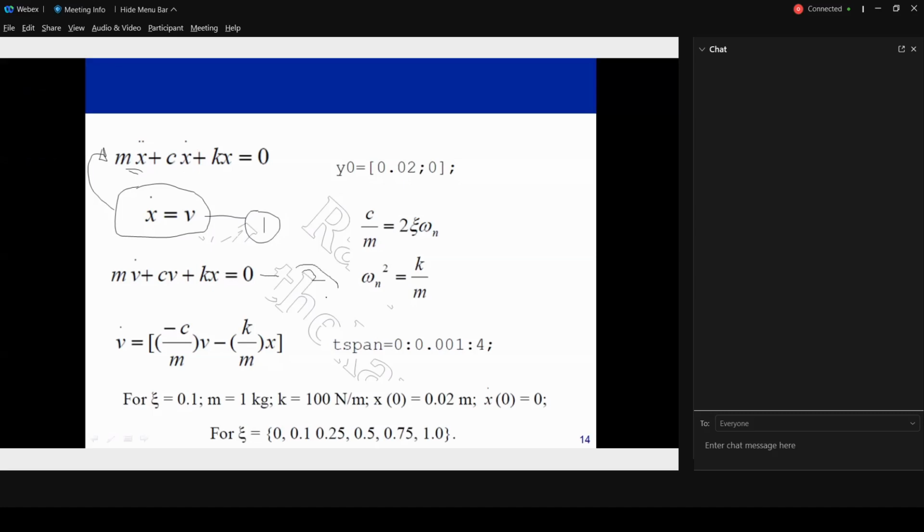Is it clear? I then rearrange it. V dot is equal to minus c by m v minus k by m x. So I have now two ordinary differential equations. One is this and the other one is this.